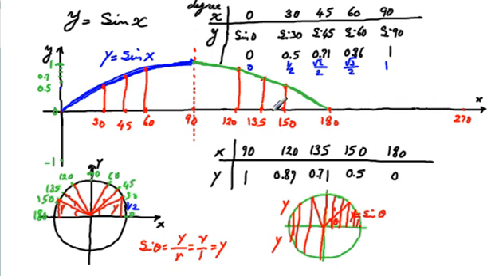Like after 180, I can go 30 more degrees, make it to 210, and past 45 degrees, make it to 225, past 60 degrees, make it to 240, and continue the story with the same style that we had.